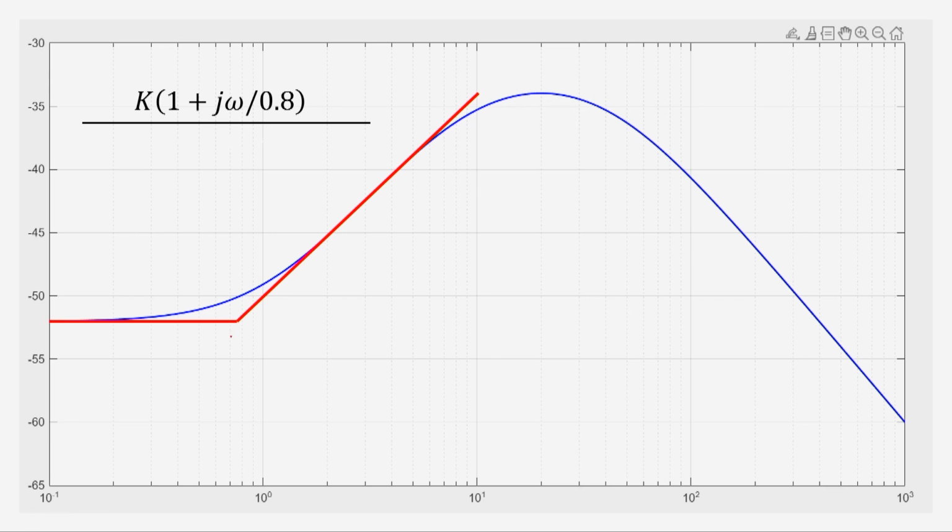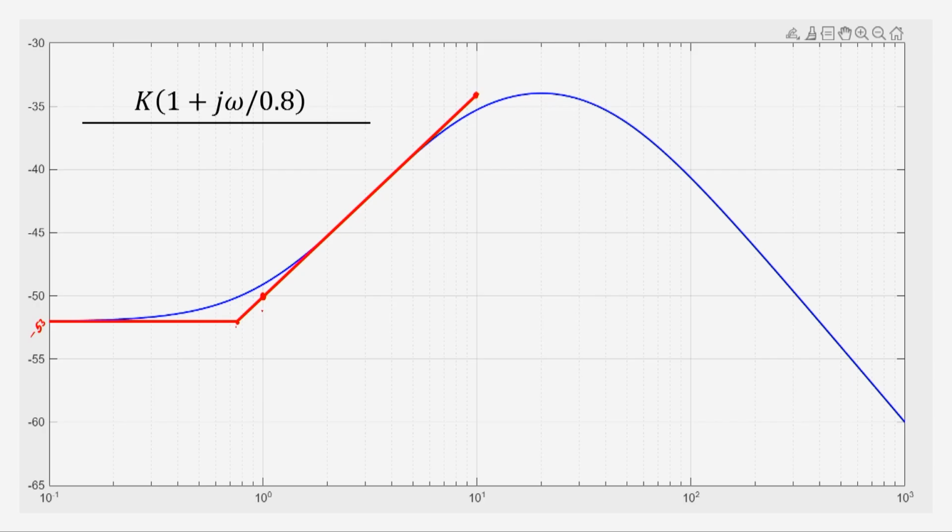Now, look at this line that I have drawn. At this point, let me consider that this is minus 53. You can always get to the exact value. Now, from this point it is minus 50. So, at 10 to the power 1, this is somewhere here.